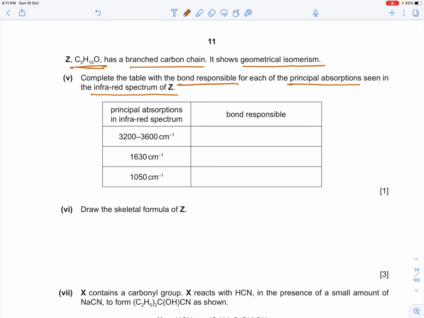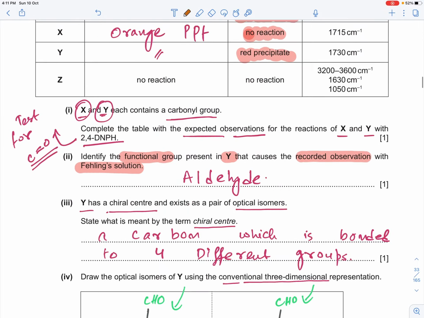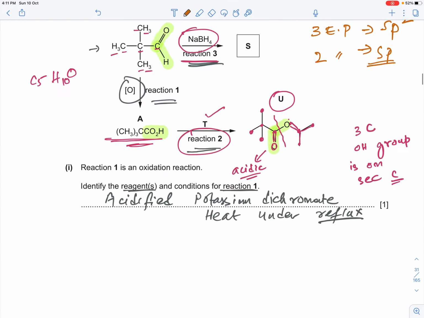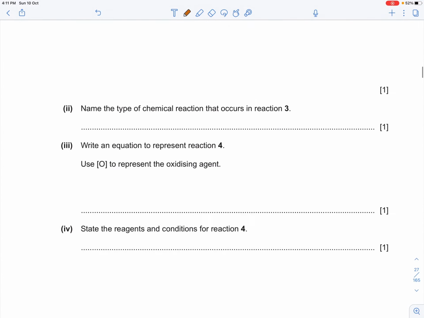So they have given us three IR absorptions, and we have to tell the bonds which are responsible for these absorptions. So the first one is 3200 to 3600. So for 3200 to 3600, we have to move on to that table.